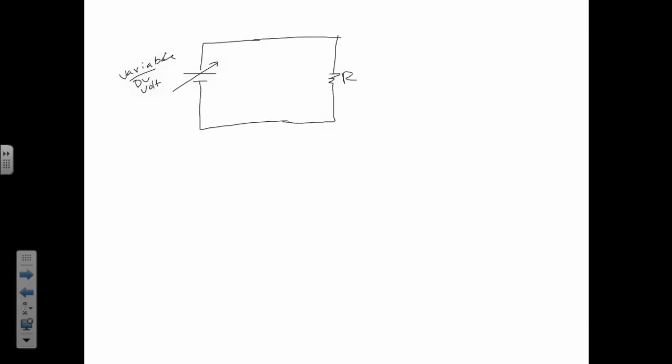If I look at these stripes, I've got orange, white, brown with a gold. The first three are the ones that matter. Orange is what? Read it off this thing. Orange is a 3. White's what? 9.